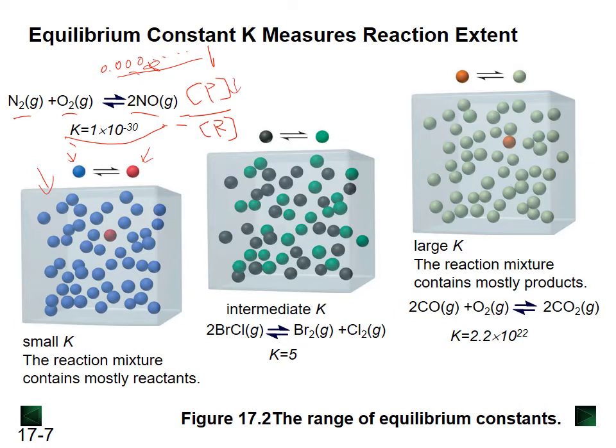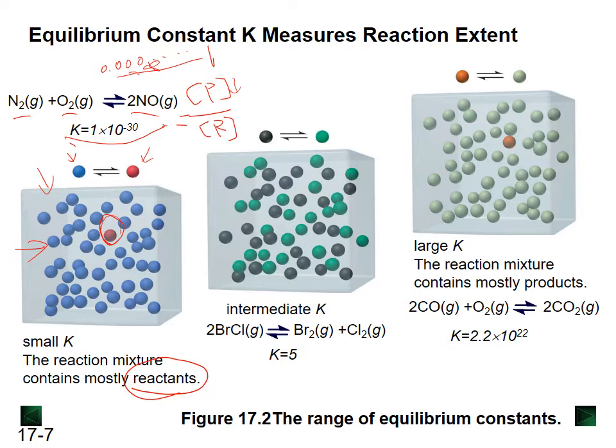And here you only have one red and mostly blue. So a small amount of red divided by a large amount of blue gives you a small K constant. So the reaction favors reactants, because you have so many reactants left, and only a very small amount of product.